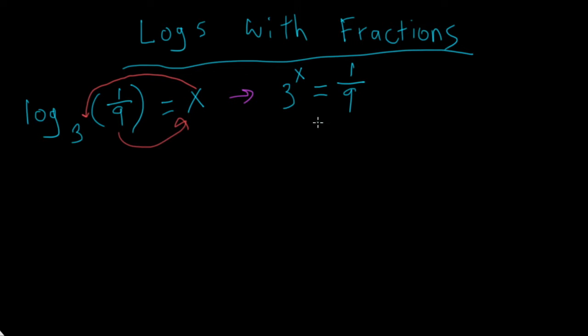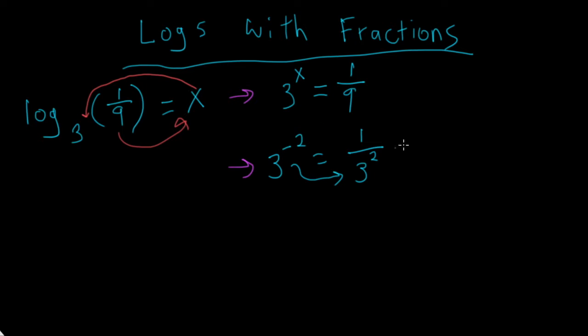Now, how do we get from an exponential form to a fraction? Well, the way we do that is with negative exponents. So 3 to the -2 power is going to equal 1/3 squared, because if you remember from exponents, anytime you have a negative exponent, it just travels to the bottom of the fraction.